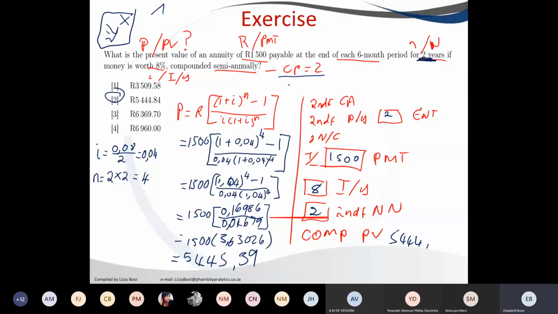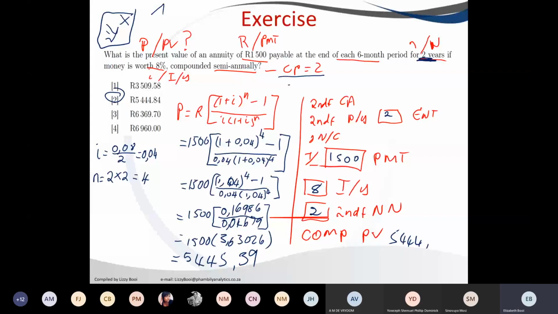Let me start again. Second function, you say second function P/Y, 2, enter, on and off your calculator, plus or minus 1,500.